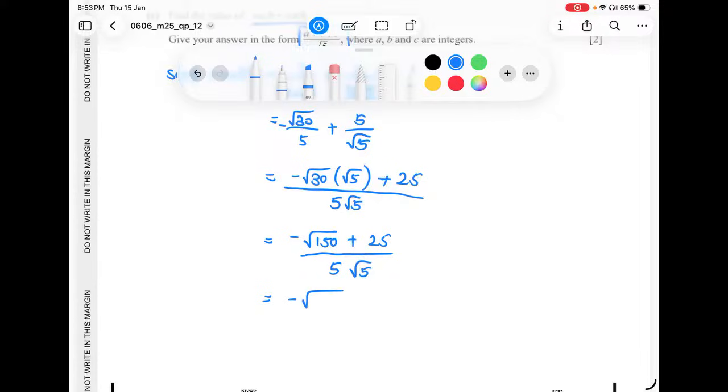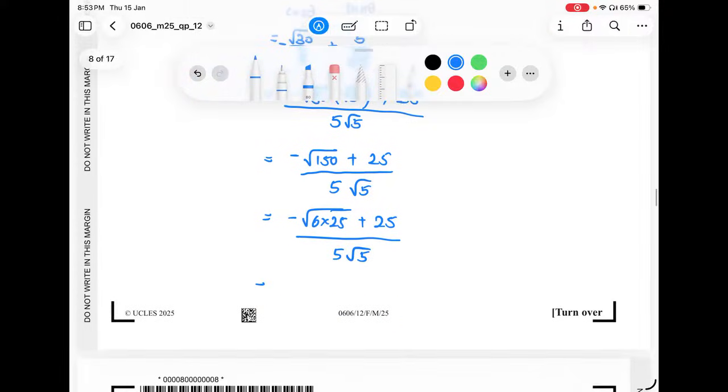So you can make it 6 times 25 plus 25 over 5 root 5. So now you can separate these two as per the root and rational values. That should give you negative 5 root 6 plus 25 over 5 root 5.